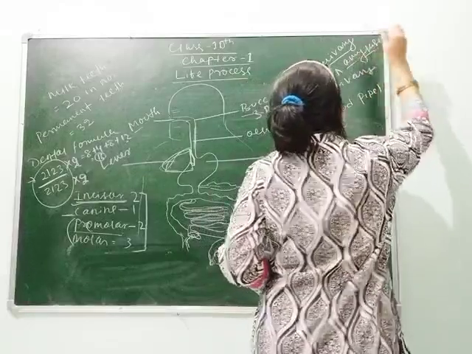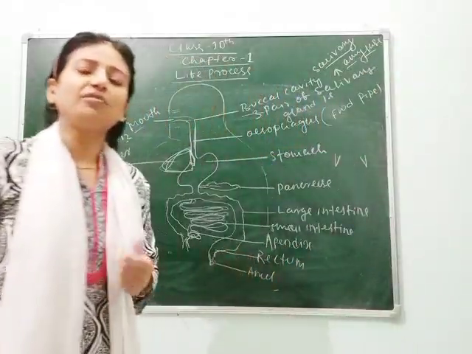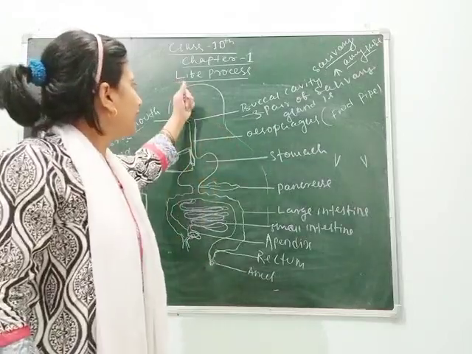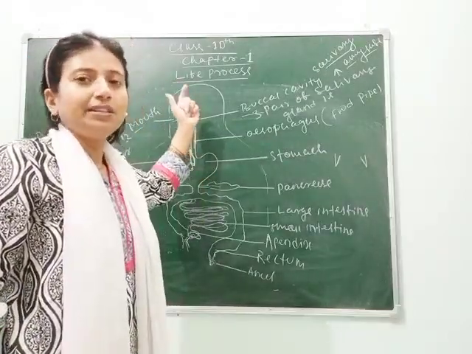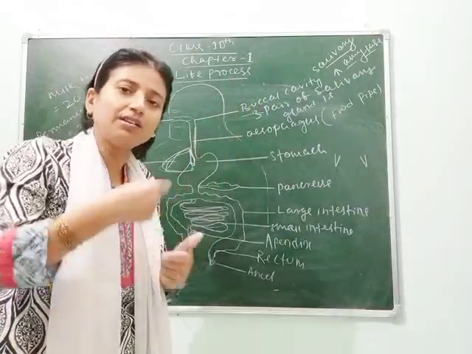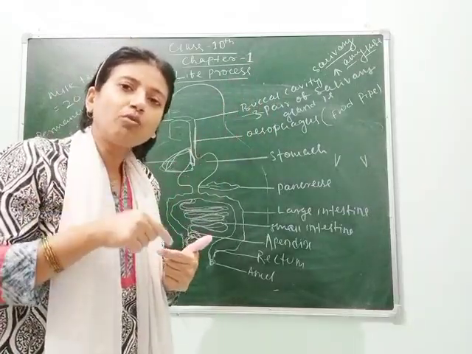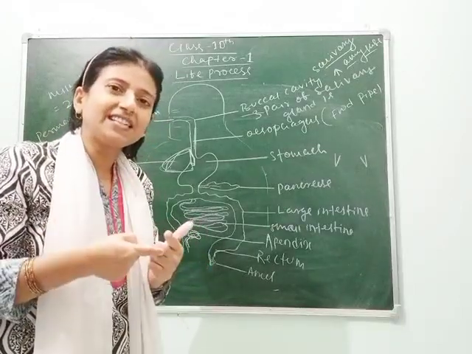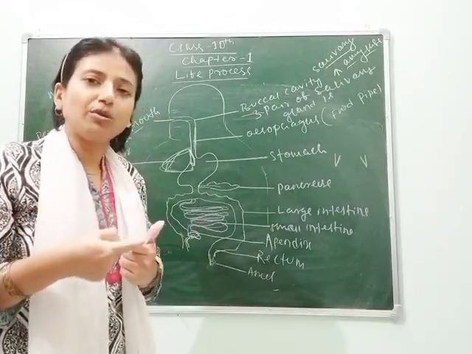Salivary amylase helps in the digestion of glucose or carbohydrate type of food. So when we put food into the mouth, the breakdown of glucose starts from the mouth, not other food. Only glucose or carbohydrate type of food starts digestion inside the mouth.